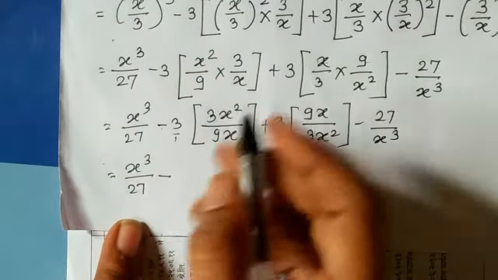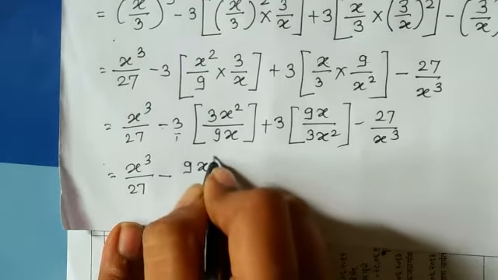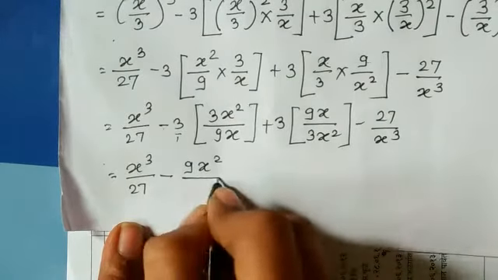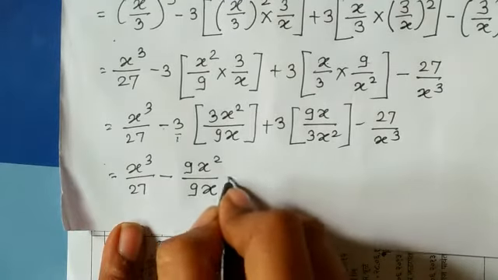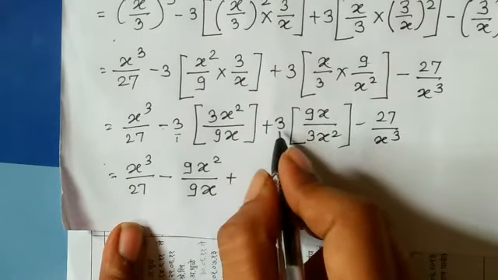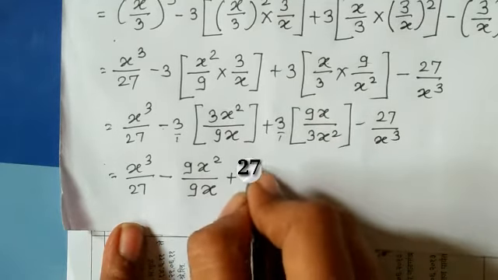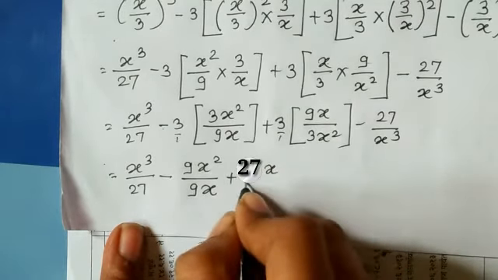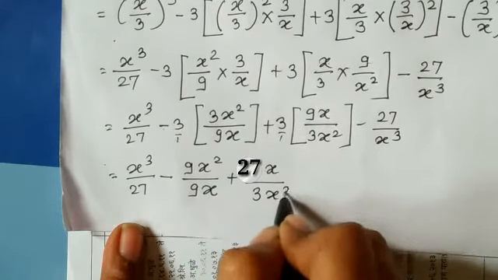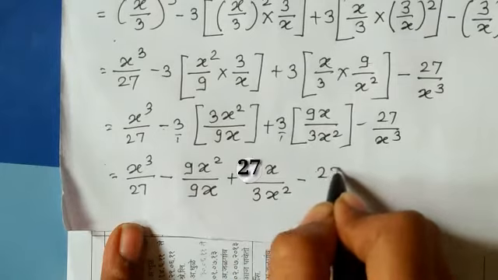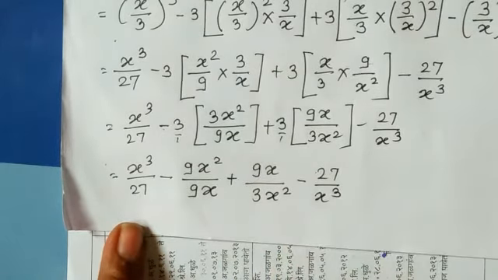So 3 3s are 9, 9x square upon 9x, plus, again here we have to assume the 1. 3 9s are 27, x upon 3x square, minus 27 upon x raised to 3.